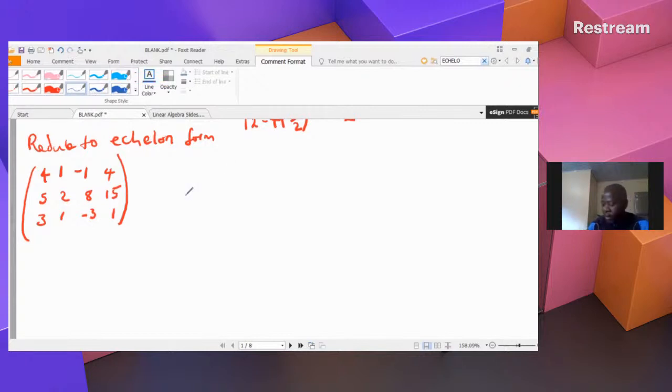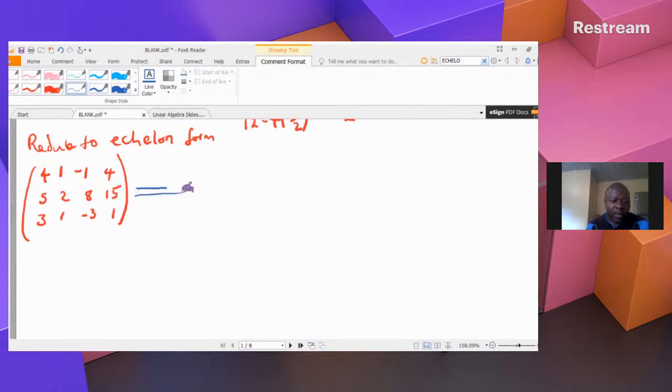Okay, so let me just see the matrix. It's again 4, 1, -1, 4, and then 5, 2, 8, 15, and then 3, 1, -3, 1. So I want to reduce this to echelon form.